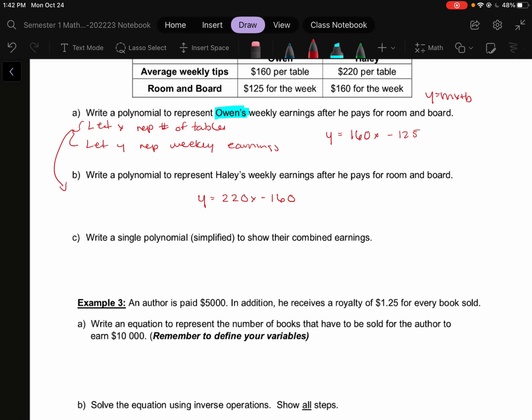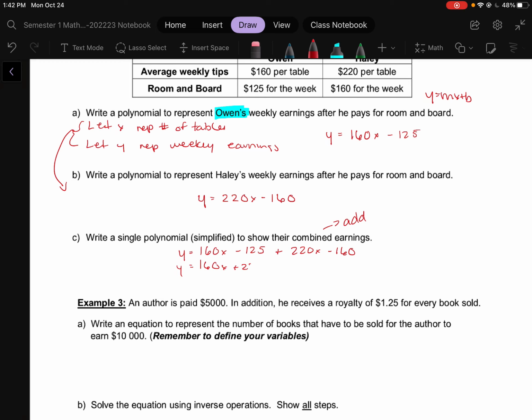Now, it says write a single polynomial simplified in order to show their combined earnings. So combined means that we're going to add. So given our two expressions, y equals 160x minus 125 plus, we're adding them together, 220x minus 160. We're going to move our constants together and our variables together.